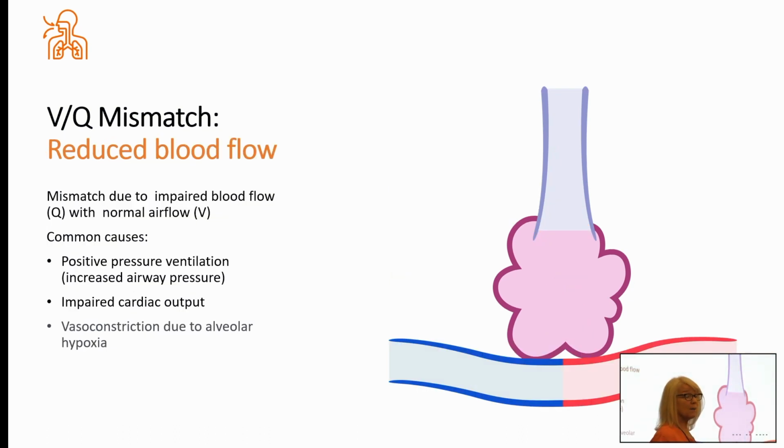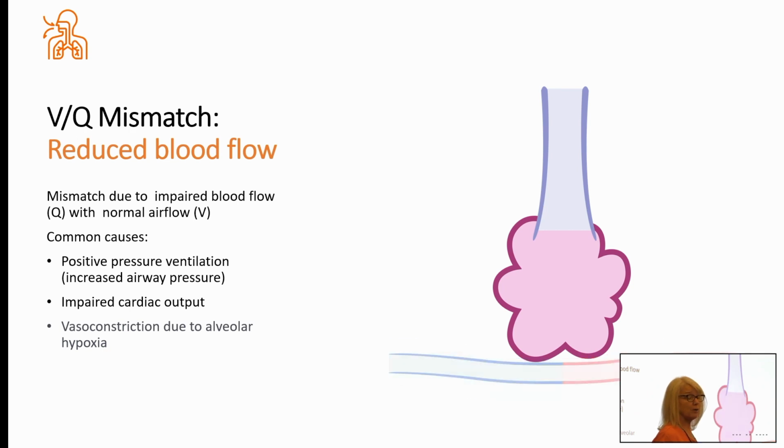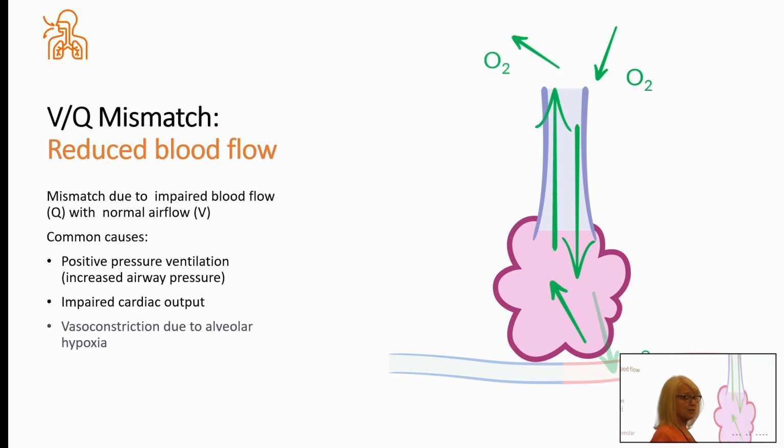Okay, let's talk about a mismatch due to impaired blood flow. In this case, the patient's breathing normally, but they have reduced blood flow for some reason. Maybe it's impaired cardiac output or vasoconstriction due to hypoxia. Regardless, you've got a decrease of blood flow to your lungs.